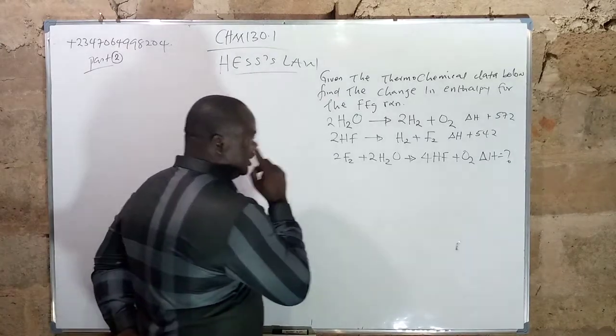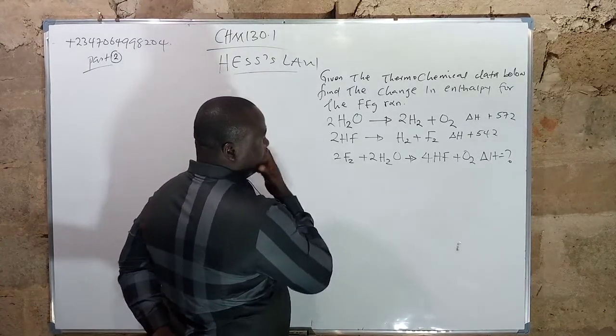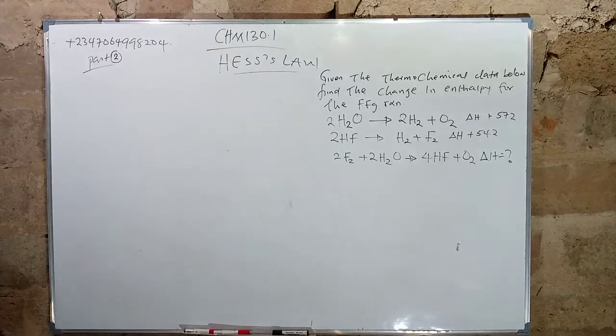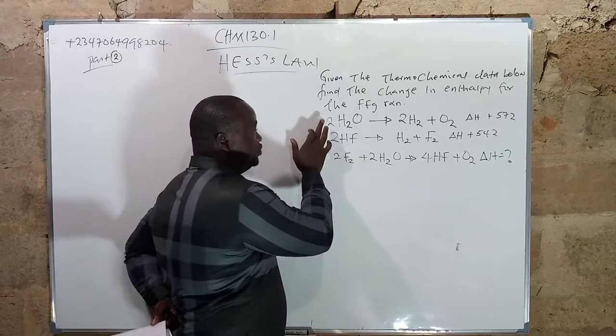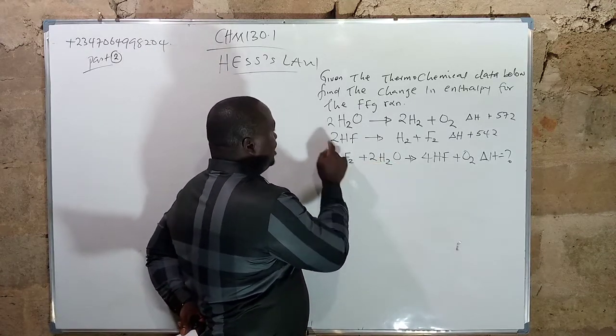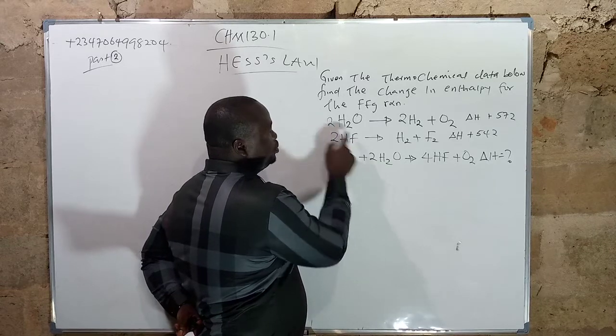Now, look at the first equation very well. We have water in the first equation, and we have water in our base equation. Now you can look at the moles: here is 2 and here is 2.